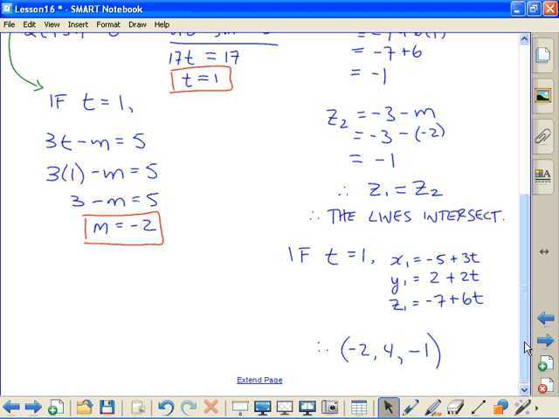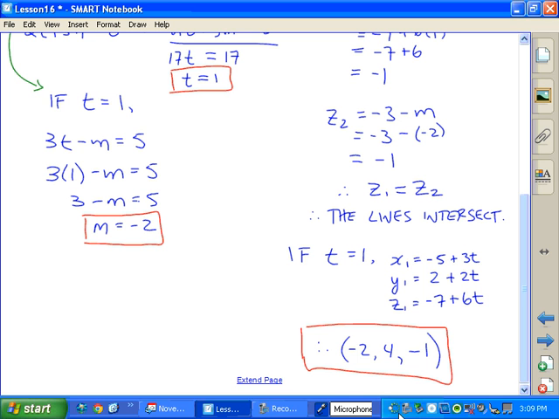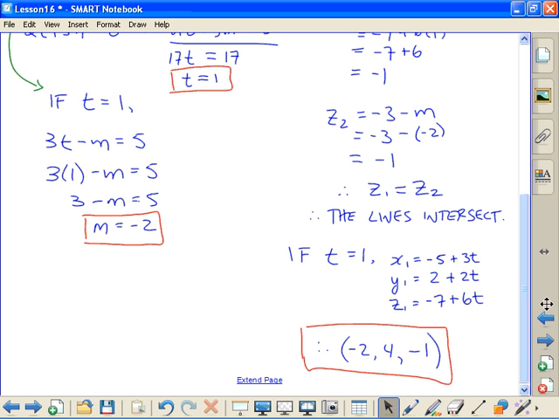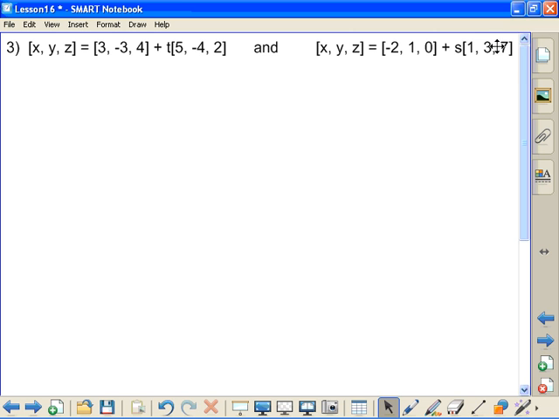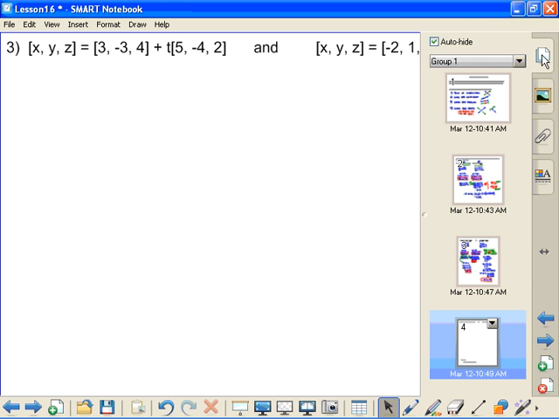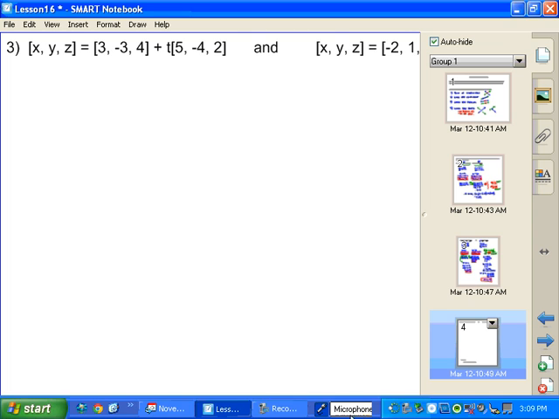So there is the point in 3 space where these 2 lines will intersect each other. All right. So the check is an absolute. You must do that check to make sure it does actually intersect. I believe that's it for this lesson. No, I have one more example here. I will finish that up in the next quick video. It won't be a very long one.